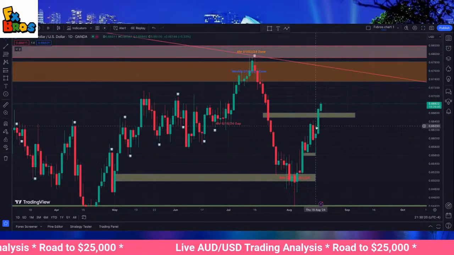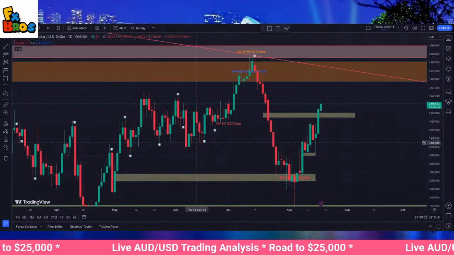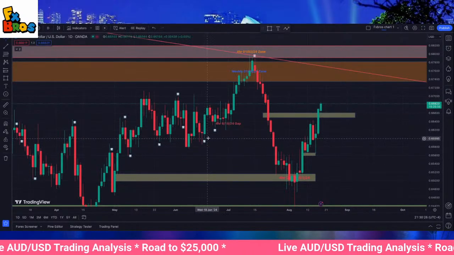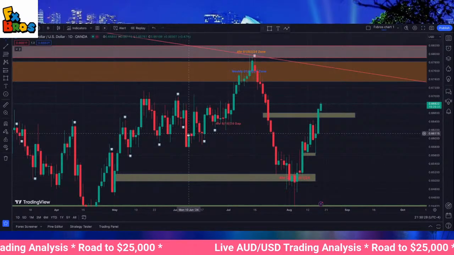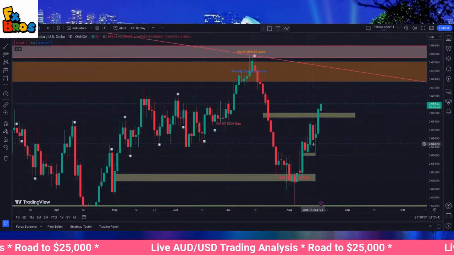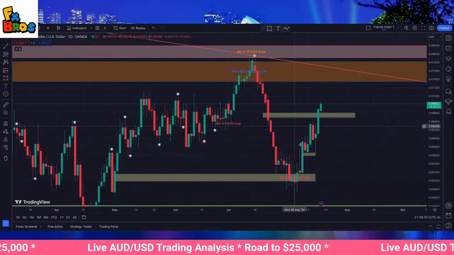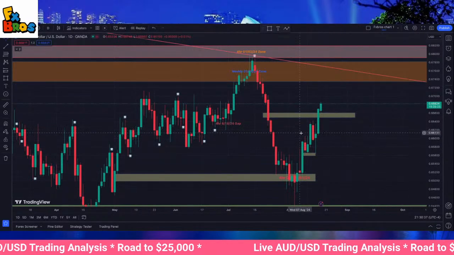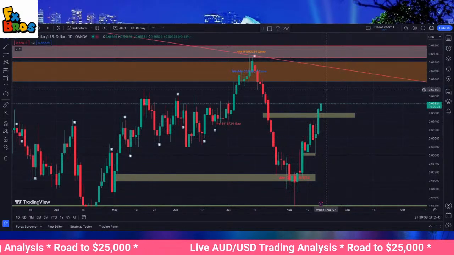Because it did what it had to do. If you were taking off half, that would have been like around here, when the market reached this area, you took buys down here. The market reached into this congestion, especially with this reversal and then a wick down. Like, yeah, that's where you want to take half and let the rest run. Because this is uncertainty. You had to let time play out before you see the continuation.